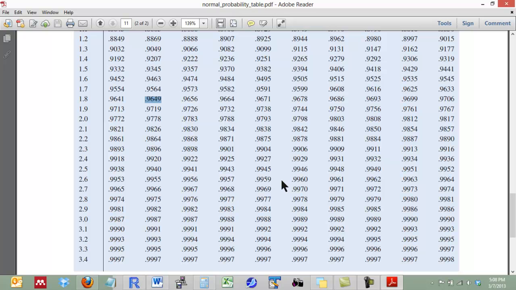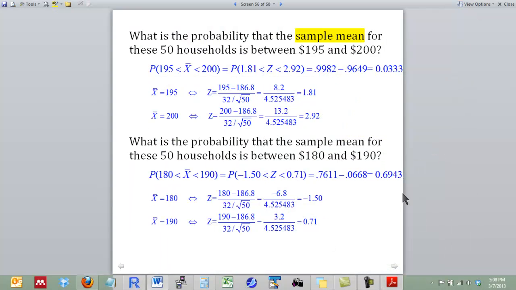There's 0.9649 to the left, or under 1.81. These are the two values that I'm subtracting. The second calculation is just a confirmation of the same procedure, the major difference being that now we have the probability between a negative value and a positive value. So just take a minute, pause and check all your calculations.